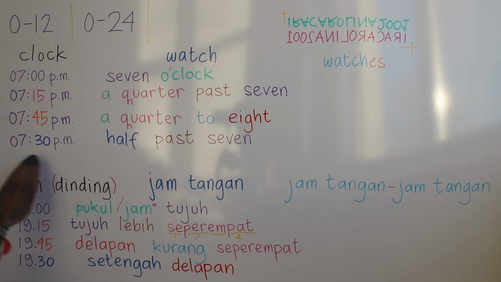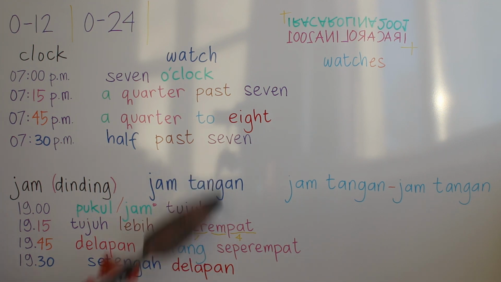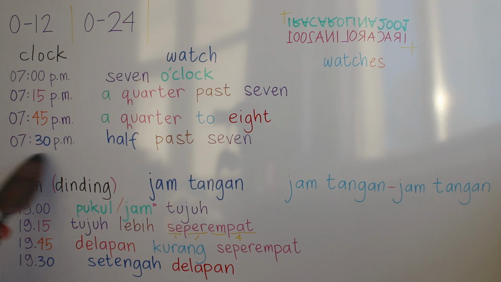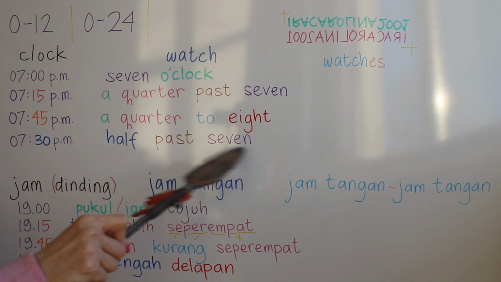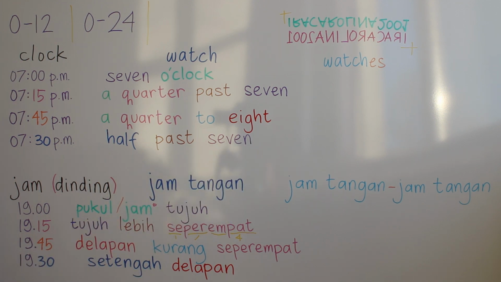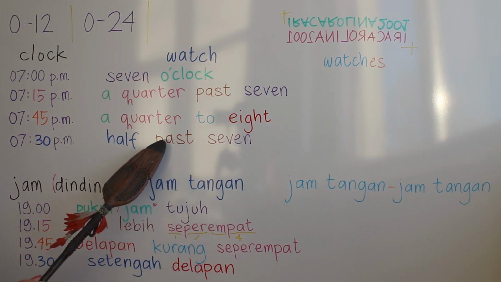And now this one has an interesting thing, because in this case we don't have to switch the position of the words, but we use a different number. In English we still use 7. In Indonesia, we use 8. In English, 7:30. In Indonesia, we don't have to say the past.